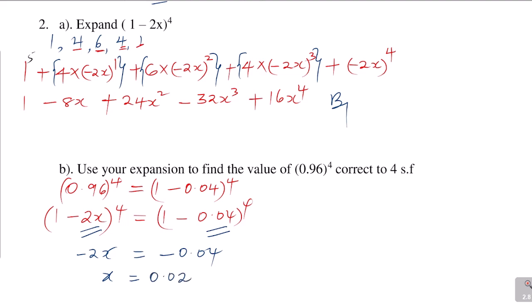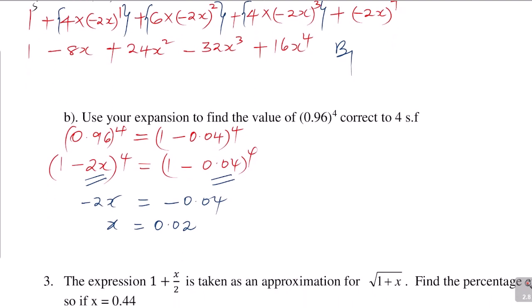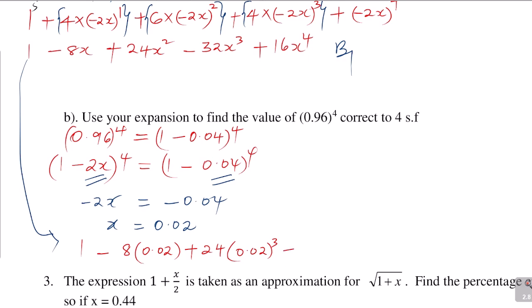So x will be simply 0.02. So now when you get the value of x, take your expansion, which is 1 subtract 8x, where x is now substituted with 0.02, plus 24 times 0.02 squared, that is the value of x, plus 16 times x cubed, 0.02 cubed, plus x raised to power 4.